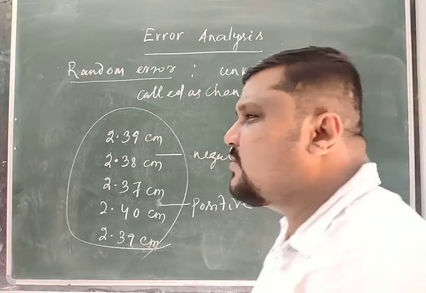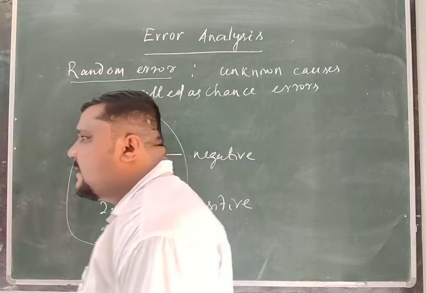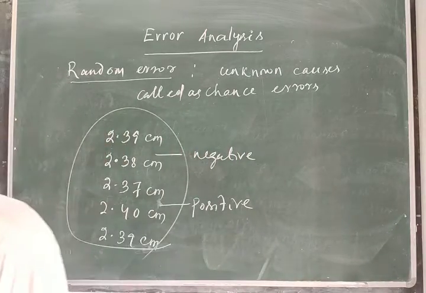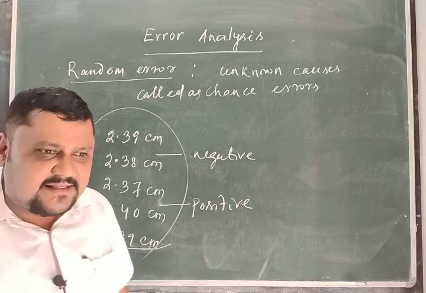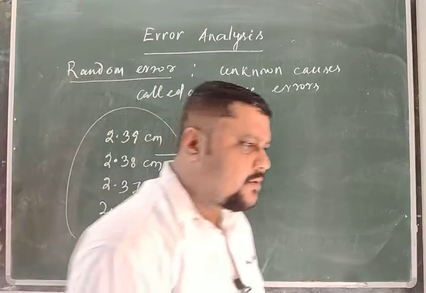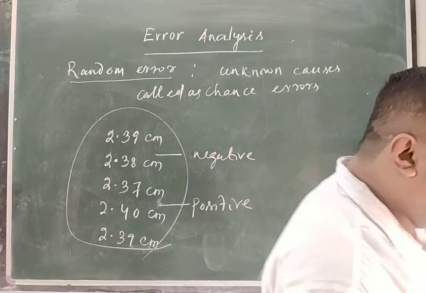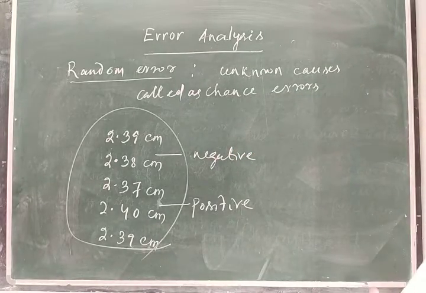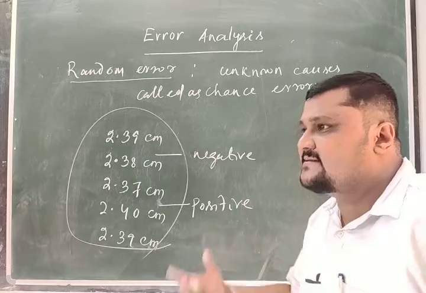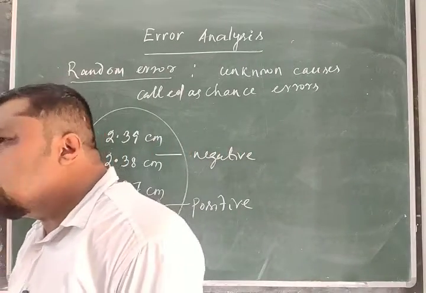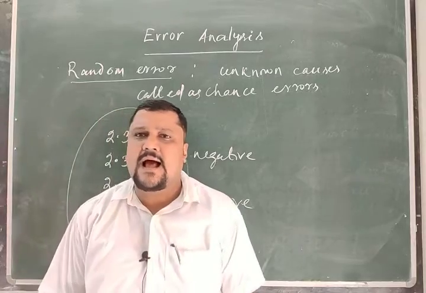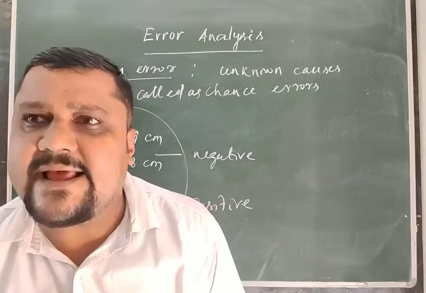If it is from unknown causes, then to eliminate or minimize the error, or to get the true value, we should know the error analysis. We will analyze. In the systematic error, when I know the cause of the error, then I can eliminate it.